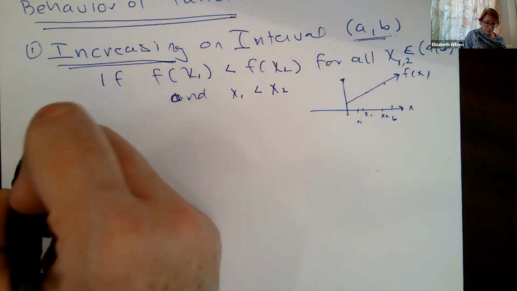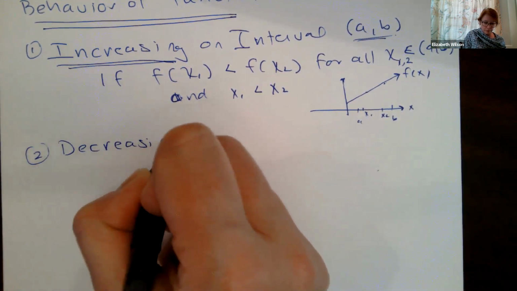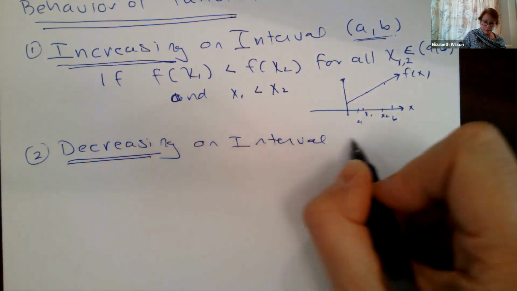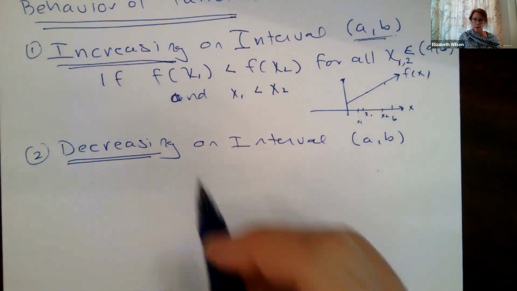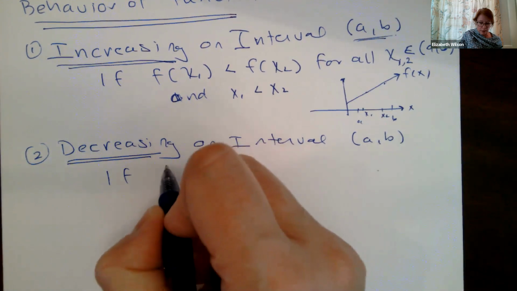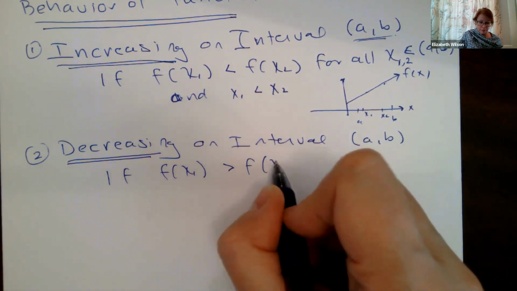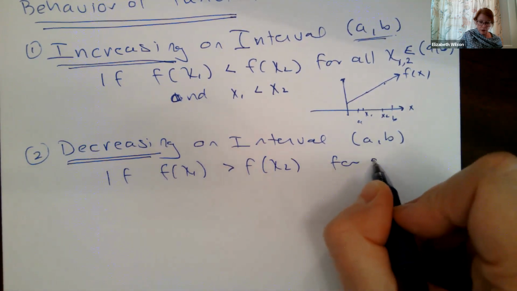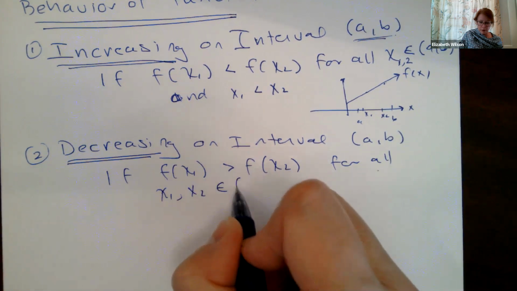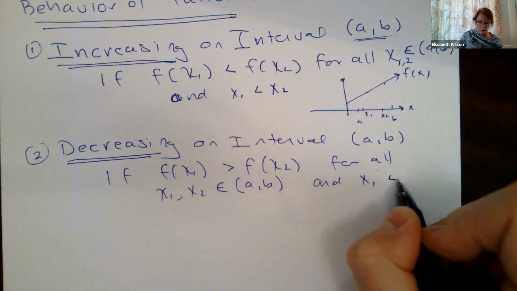Okay, so increasing. Likewise, decreasing on our interval from a to b. So if it's decreasing, let's write it out in math and we'll draw a picture and talk about it. We say the function is decreasing if f of x1 is greater than f of x2 for all x1, x2 an element of our interval a to b, and x1 is less than x2.